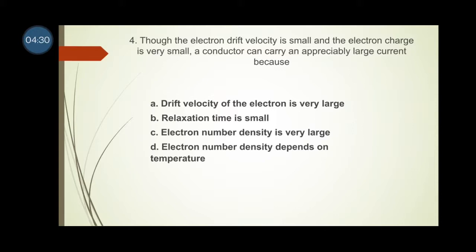See here, they have given an option that drift velocity is very large, but in the statement they have given that drift velocity is small. So the first option is wrong.